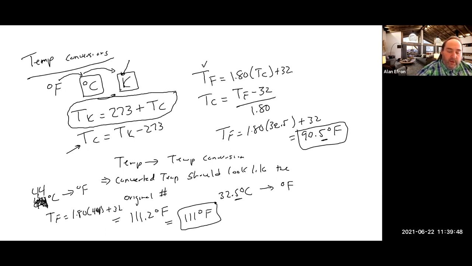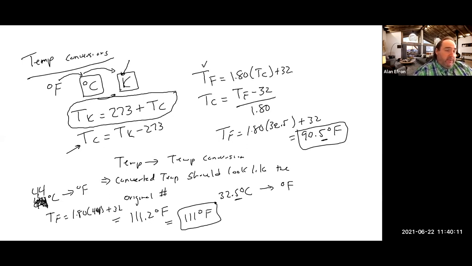So when you're strictly doing a temperature to temperature conversion, and you're not doing anything else with the number other than taking it from one temperature scale to the other, you should make the converted temperature look like the original temperature. If the original temperature was a whole number, you should take it to a whole number.